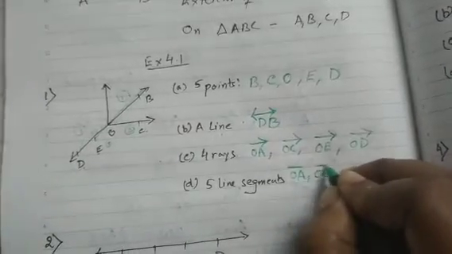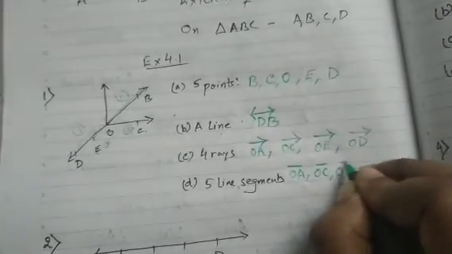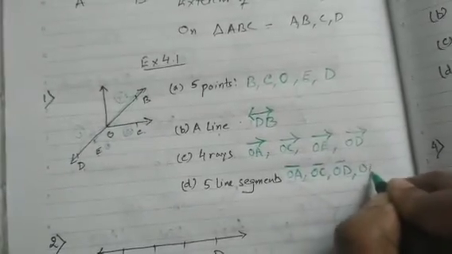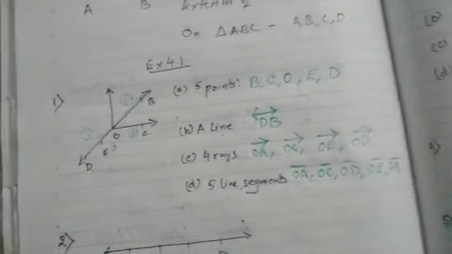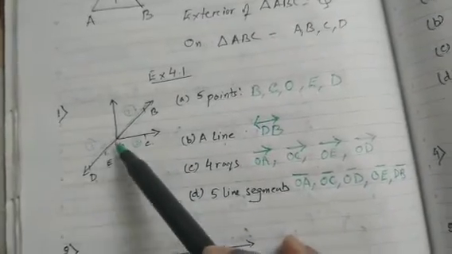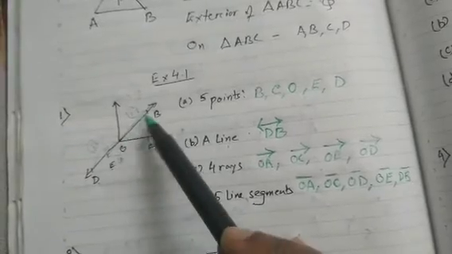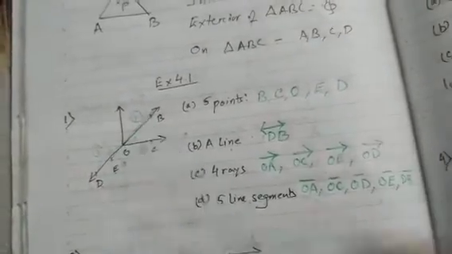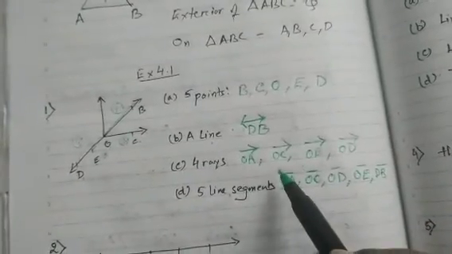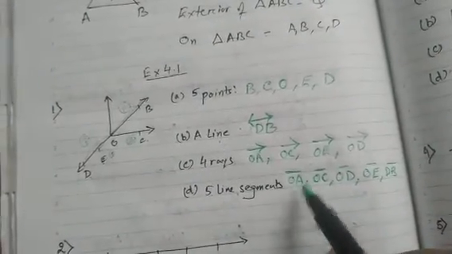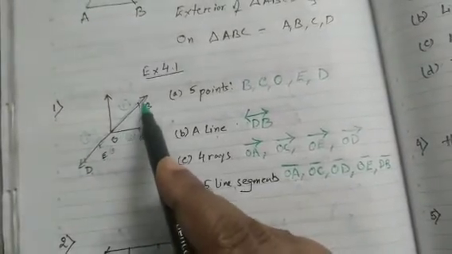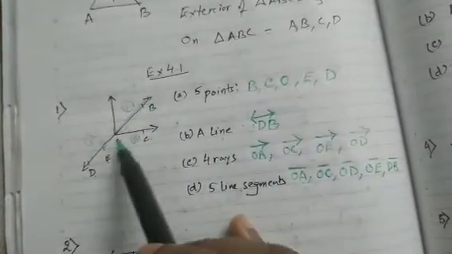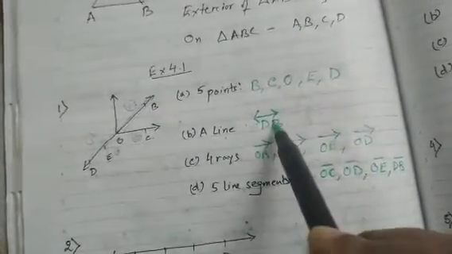OC is a line segment, OD is a line segment, OE is a line segment, and DB is a line segment. If it is denoted as a line segment, it has 2 endpoints. If it is a ray, it extends in one direction. If it is extending on either side, then it is a line.